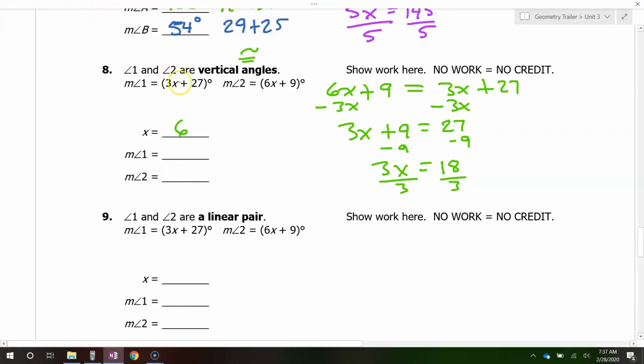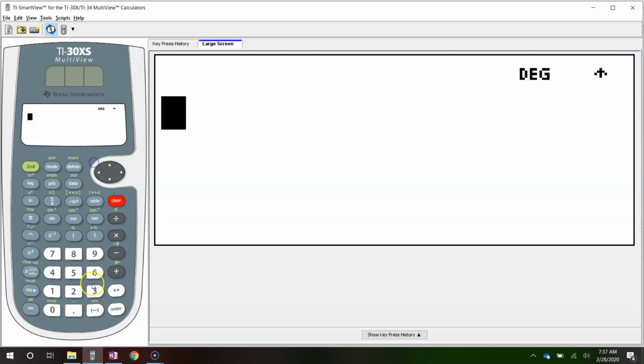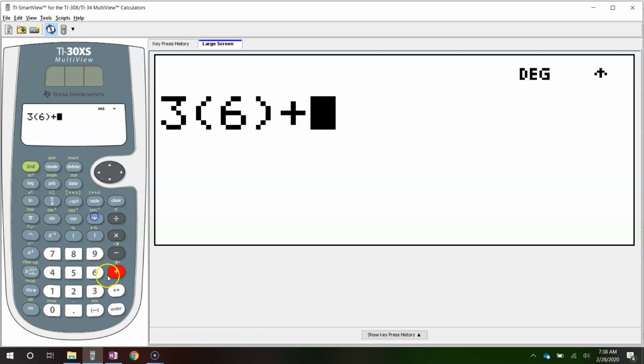All right, angle 1 is 3x plus 27. So that's 3 times 6 plus 27. So that's 45.